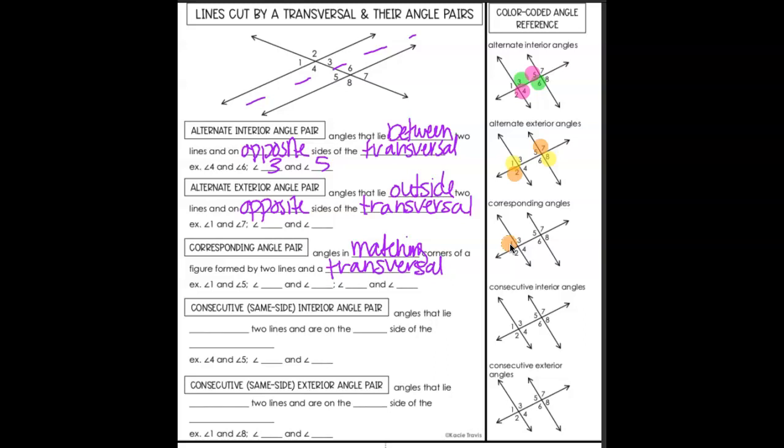So this is my transversal right here. So the options that I have are 3, 5, and 7. It's in the matching corner. So this one is furthest to the left, right? So which one of these, 5 or 7, is closest to the left? 5. So it's 5.